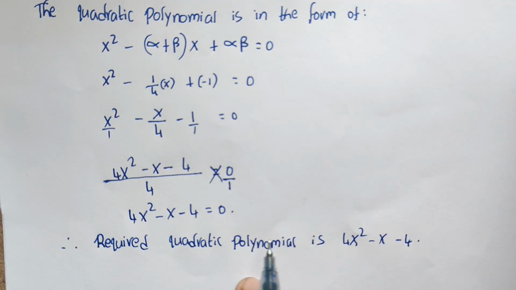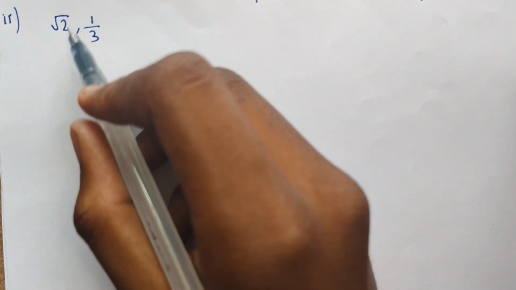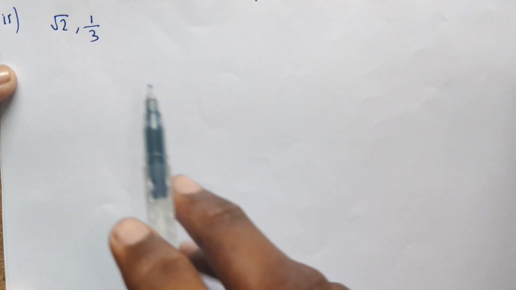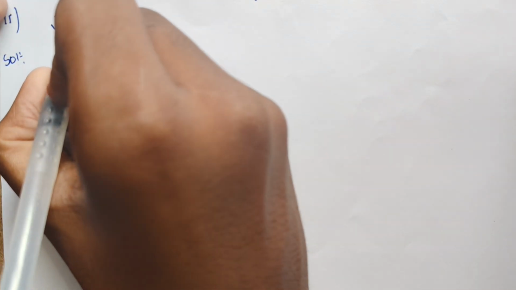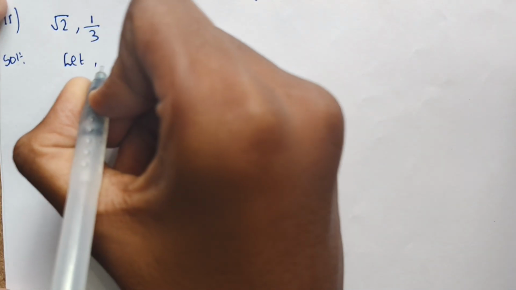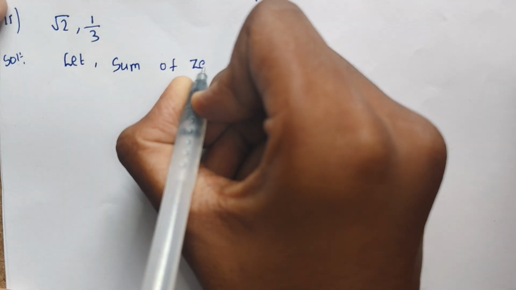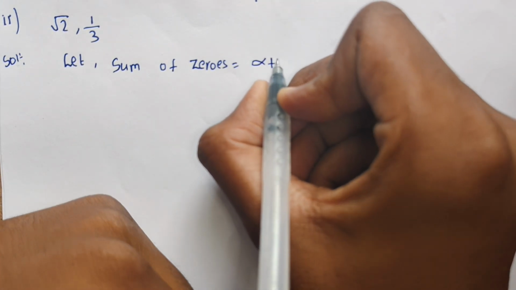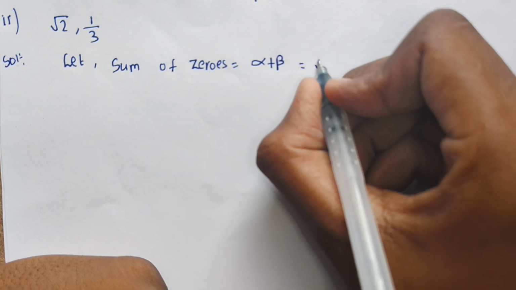Let us go to the second one. The second problem is root 2, comma, 1 by 3. Here root 2 is the sum of zeros and 1 by 3 is the product of zeros. So let us solve it. Let the sum of zeros, which means alpha plus beta, be equal to square root of 2.